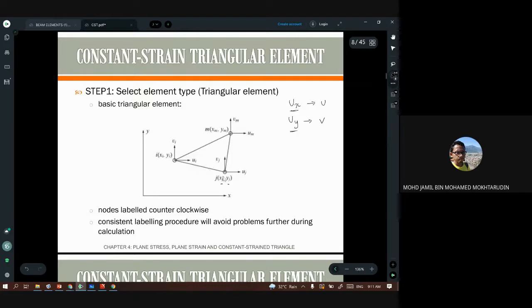The next one will be number two and number three. The leftmost node is the first node, or node number I. And then each node has displacements U and V. U is the X direction displacement and V is the Y direction displacement of each node.